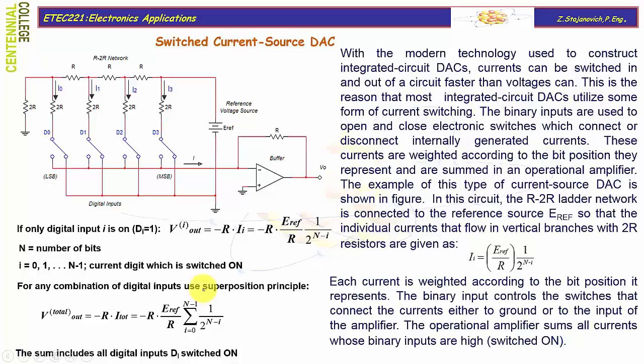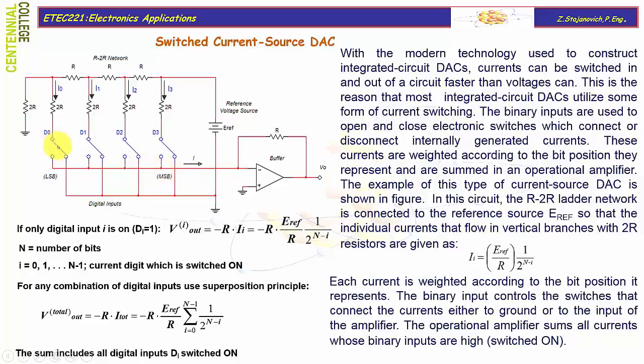I would like to emphasize a few important points when it comes to the 4-bit switched current source DAC as shown in this picture and that you're going to build as a lab exercise. This op-amp has its non-inverting input grounded. Because the differential voltage between inverting and non-inverting is very close to zero, the potential of the inverting terminal will also be close to zero.